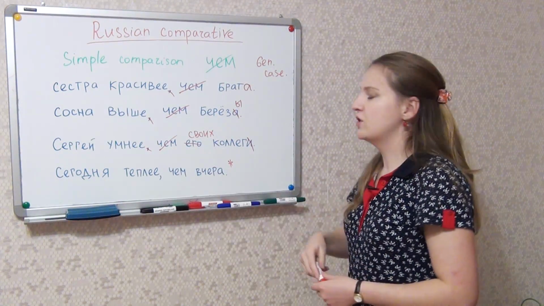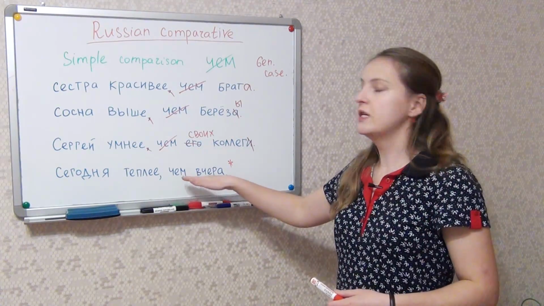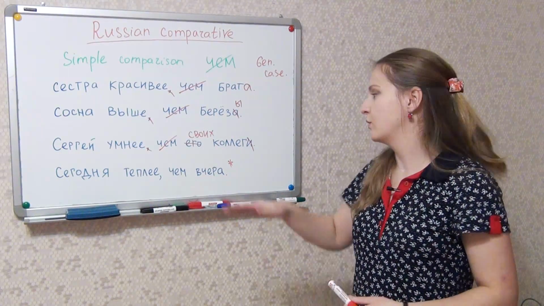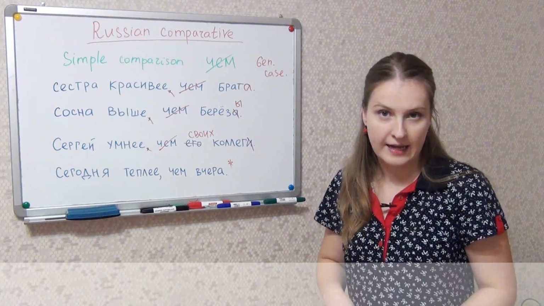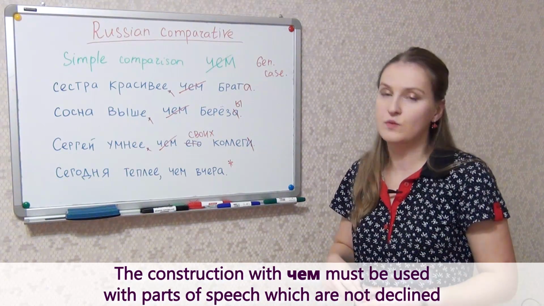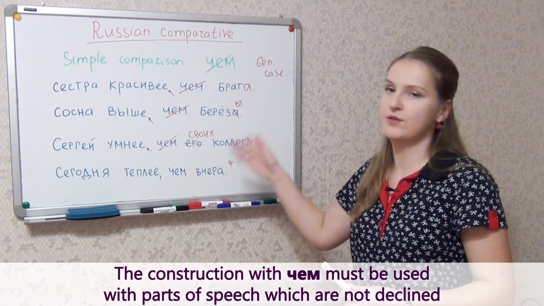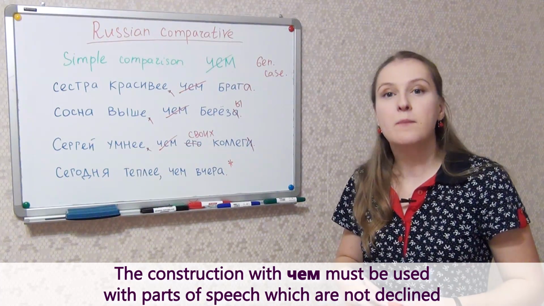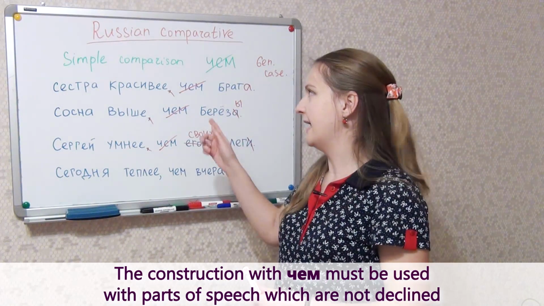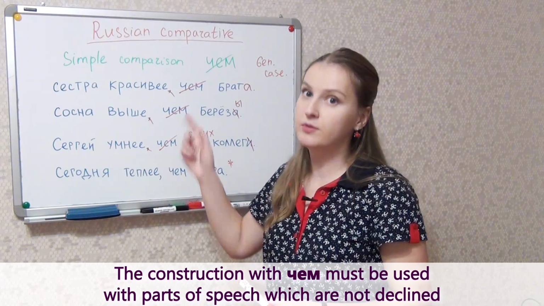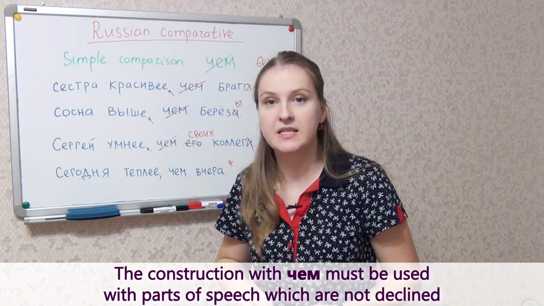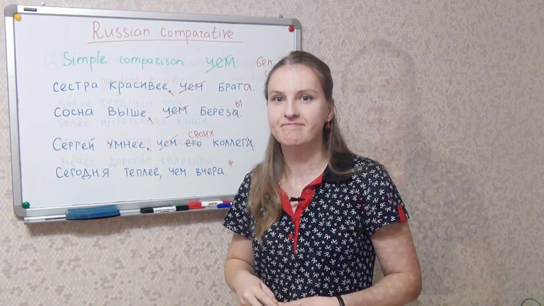Сегодня теплее, чем вчера. Here we cannot drop чем because the word вчера is not declined. And with nouns which are not declined, we can't do it. As for compound comparative, we can't drop чем or нежели in such cases.